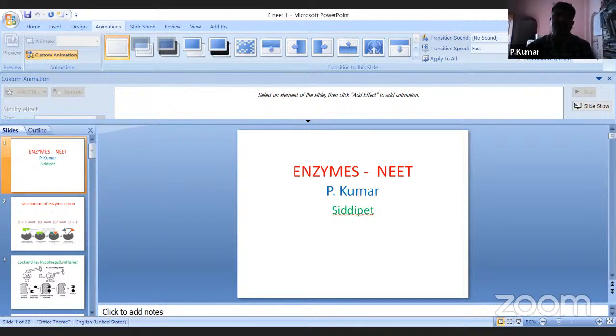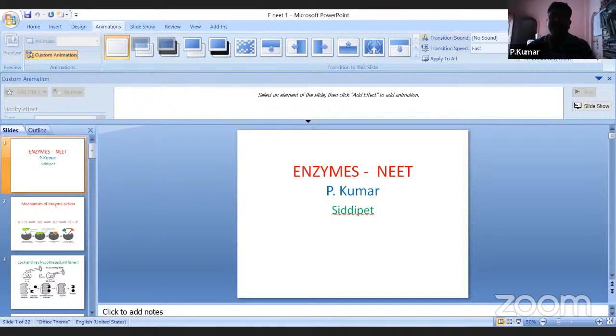Here you are observing the enzyme and the substrate. The substrate is fitted into the enzyme at the active site and forms the enzyme-substrate complex. The enzyme then reacts on the substrate and forms the product.